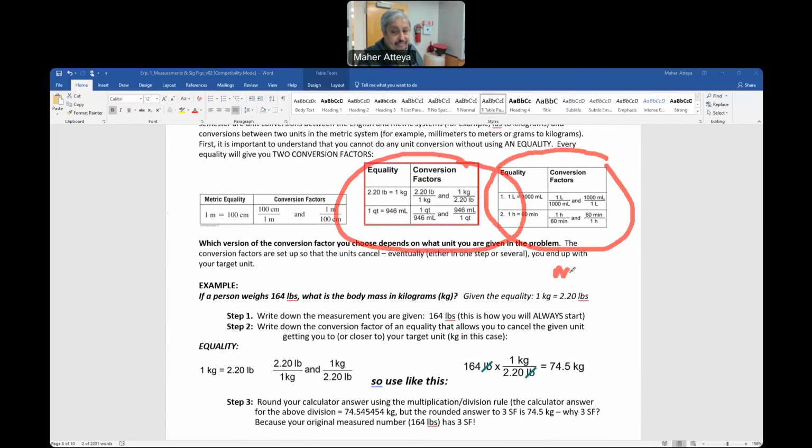Metric to metric. And here is metric to English. Okay, and again, the other one is metric. The first one here is metric to metric. So the conversion is very important to know.